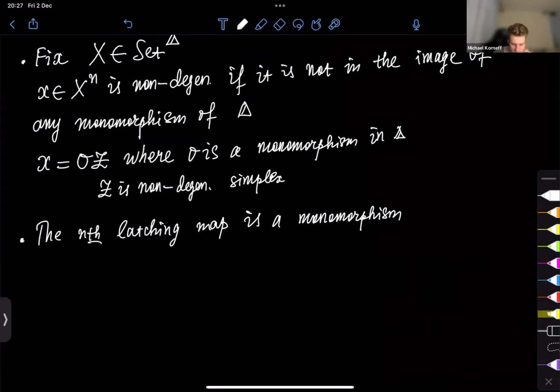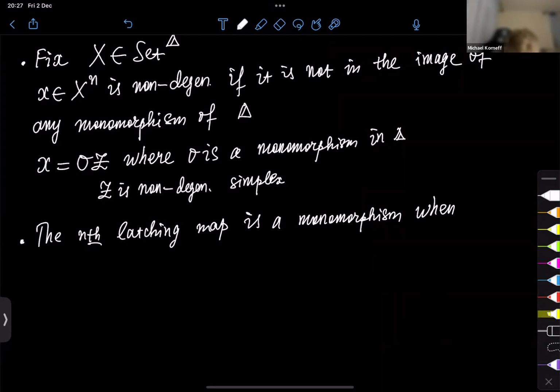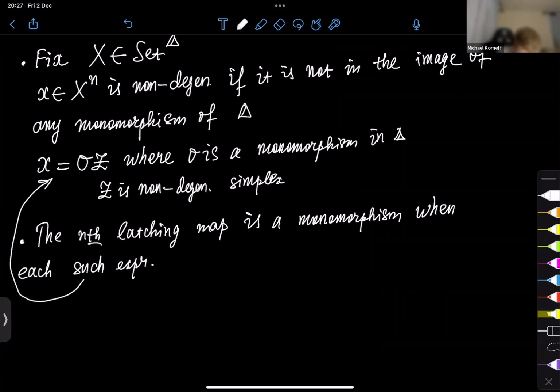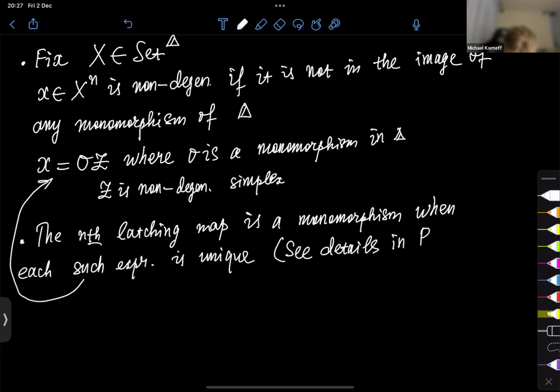And this Latching map is a monomorphism when each such expression is unique. And you are welcome to see the details in the reference.